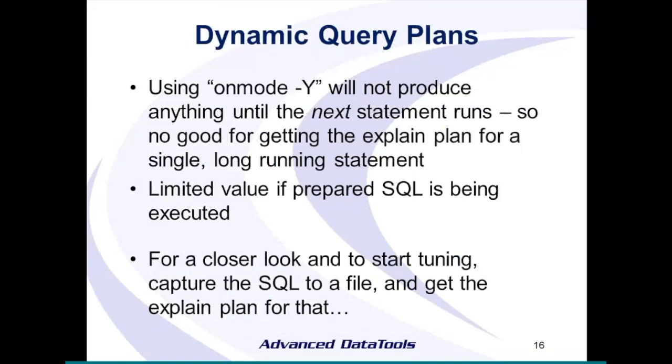So that might be the first step, but if you really want to dig into this, the best thing to do is to capture the SQL, just grab it from the screen of an onstat -g ses or sql, and put it into a file. And then we can start looking at explain plan for that particular query.